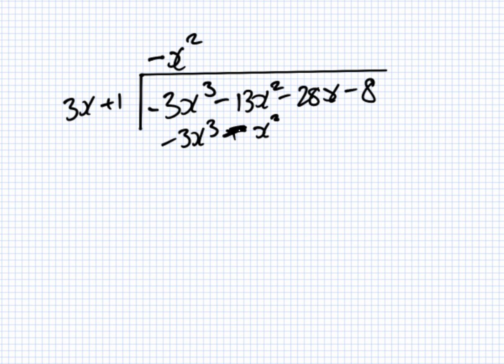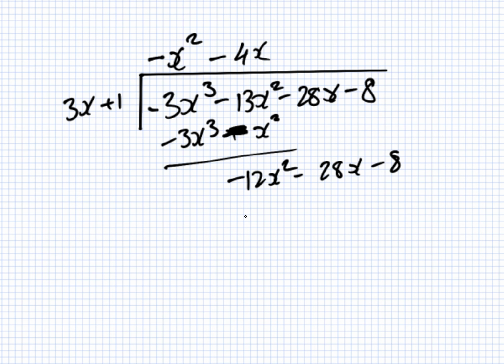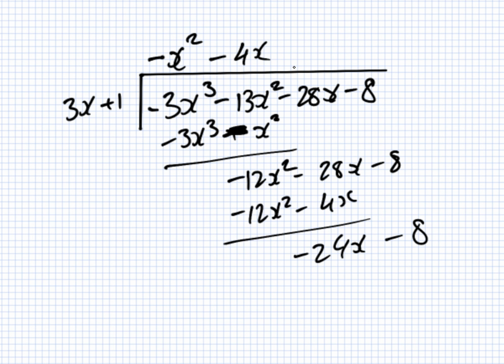And I need a minus here. No, too late now. Minus x squared times that, and that. Subtracting is that. So what's next? Minus 4x, isn't it? Eight, and that will cancel it. So this is the quadratic that I need: minus x squared minus 4x minus 8.